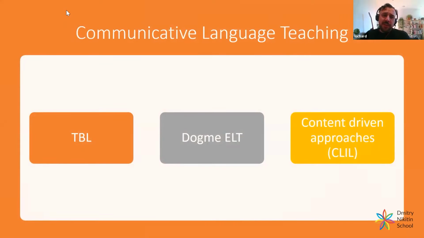It's very prevalent, this idea of emergent language, in things like task-based learning that we talked about in the speaking session. In Dogme ELT, which is where you don't use a course book and it's a conversationally driven approach to teaching. Does anyone teach conversation classes? Anybody teach conversation classes where you don't have a course book? So if you're teaching a conversation class, you don't have a course book, you go in there, how was your weekend?